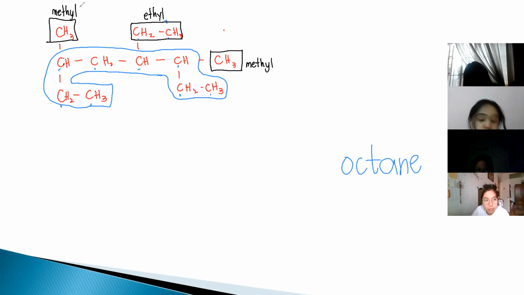Next, assigning numbers. If I start here, carbon number 1, 2, and 3, I'll have the substituent at carbon number 3, 4, 5, 6, 7, and 8. If I go reverse though, I want to have a new color.